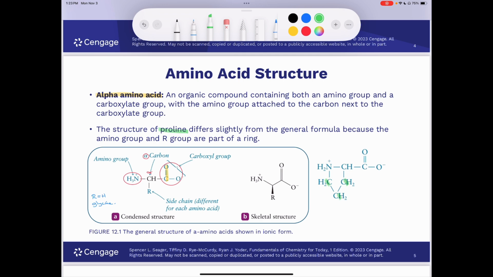Well, you can see that in proline, your R group is CH2, CH2, CH2, but it is tethered to the amino group. And so proline is very unique in that it has a ring, okay? And so this is proline. Now, in this class, I don't demand or ask that you memorize the structures of all the naturally occurring amino acids, but the more of them that you do know, the easier the chapter does become.